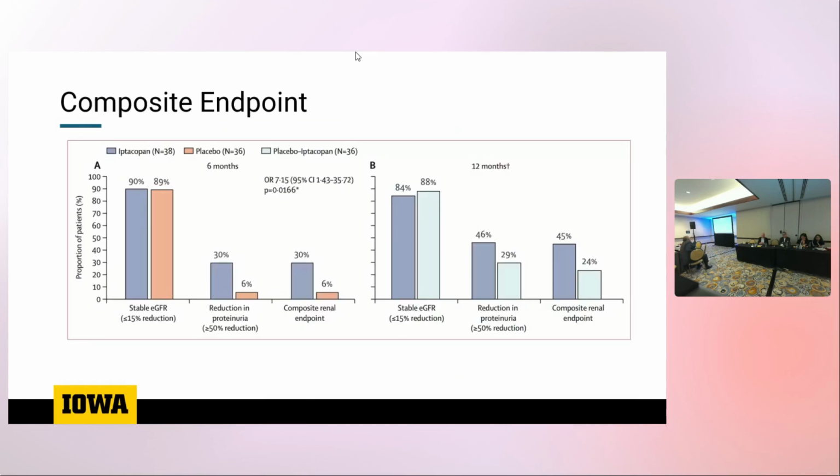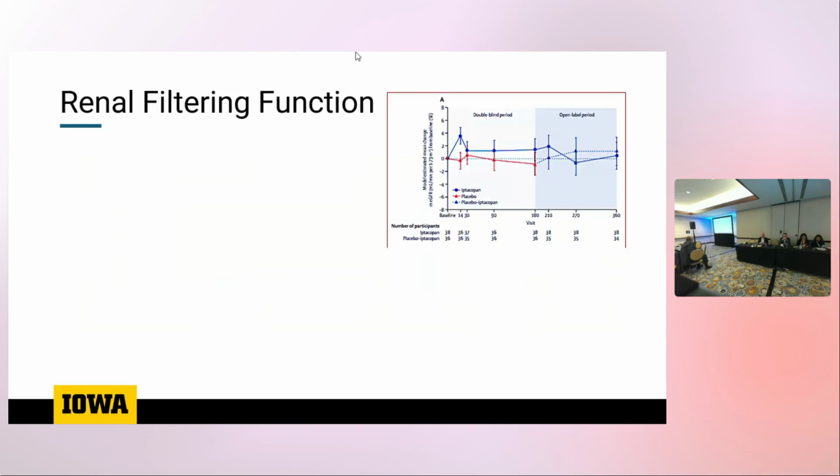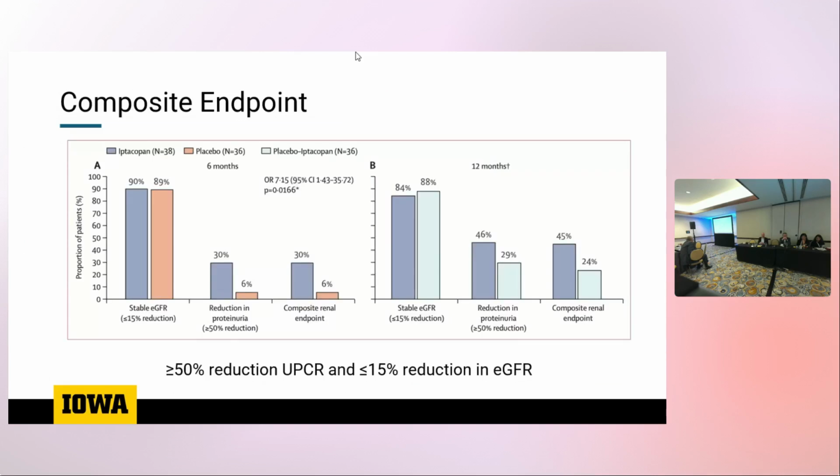So both trials used a composite endpoint, and what that really refers to is at least a 50% reduction in urine protein and a stabilization of GFR, which really essentially meant no more than a 15 milliliter per minute change in the GFR.